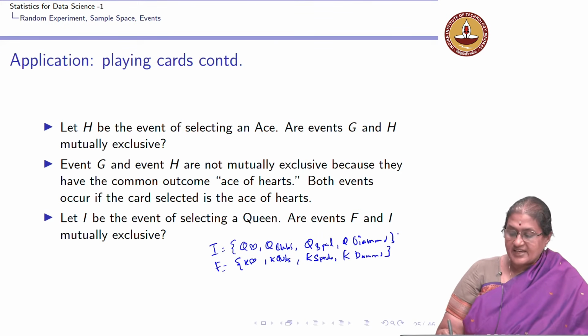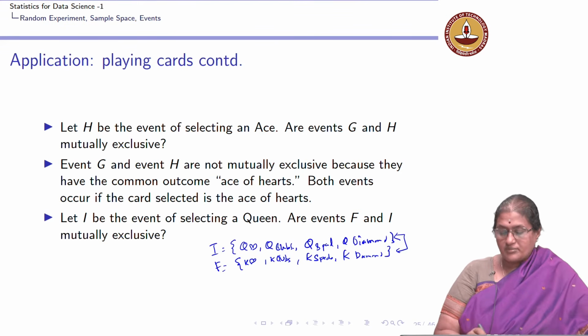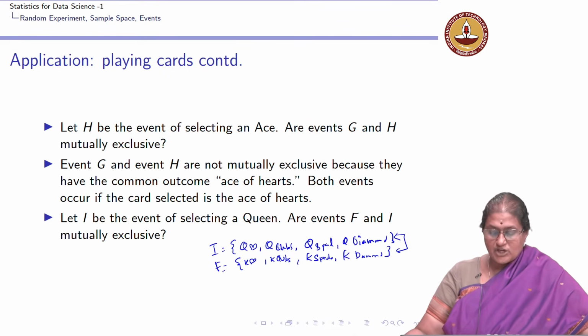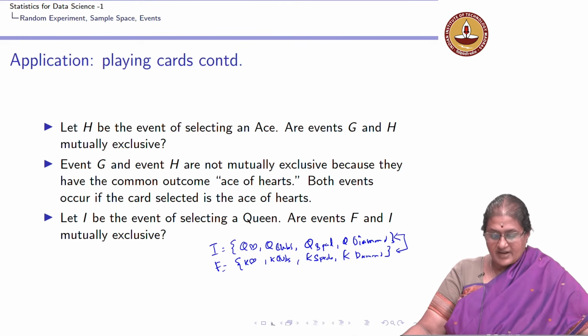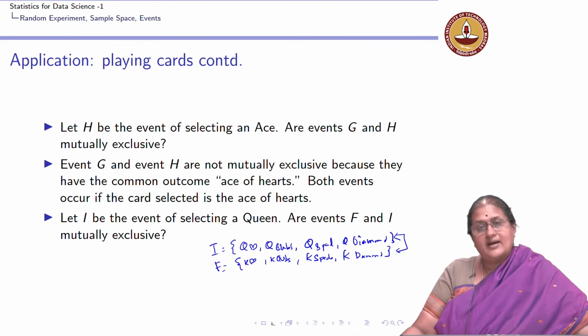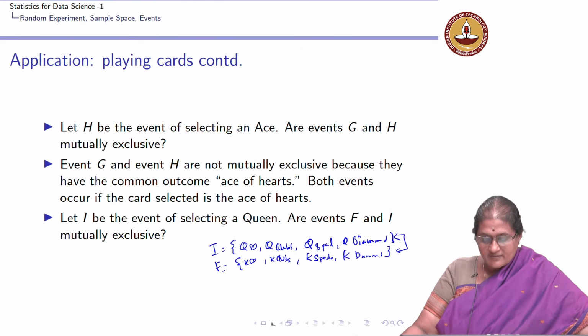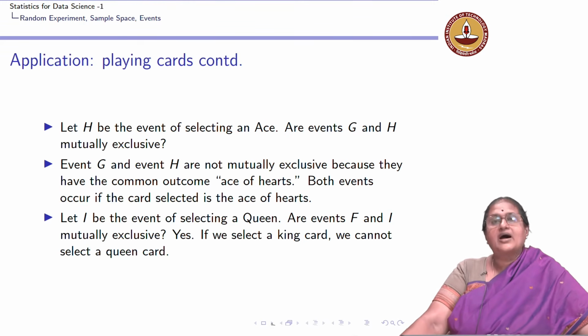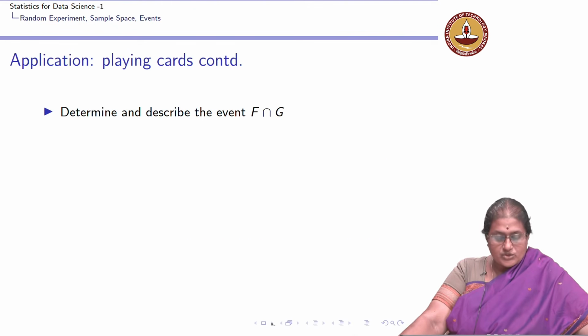I see that there is no common outcome in both these events. So, the events F and I are obviously mutually exclusive, that I can either select a queen card or a king card. I cannot select a card which is both king and queen.